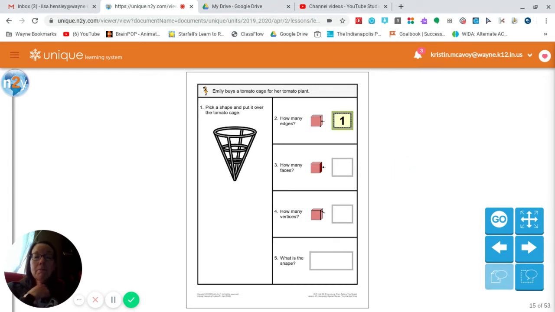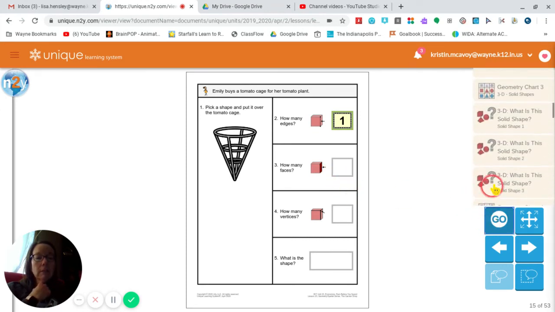Okay, so how many faces does it have? Remember, that's like a flat part where the two edges meet, or where two sides meet. Let's see how it's actually described.